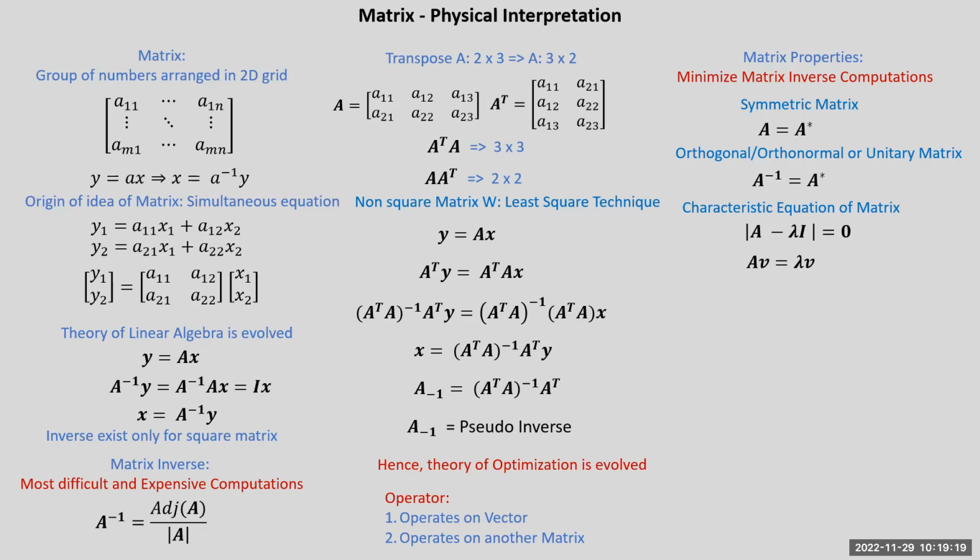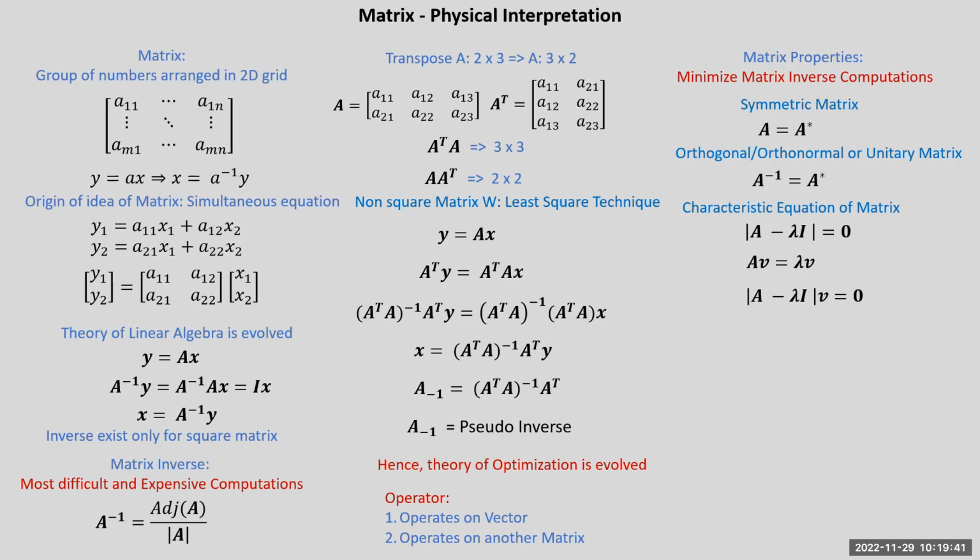Now, how to find an eigenvector? If you take the previous equation of a matrix, which is called the characteristic equation, and multiply it with v on both sides, you'll get another equation which can be used to solve for the value of vectors v.